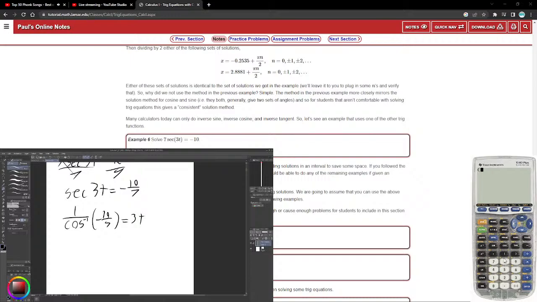So 1 over inverse, dang it, 1 over inverse cosine of -10 over 7. There. Are you kidding me? Bruh.